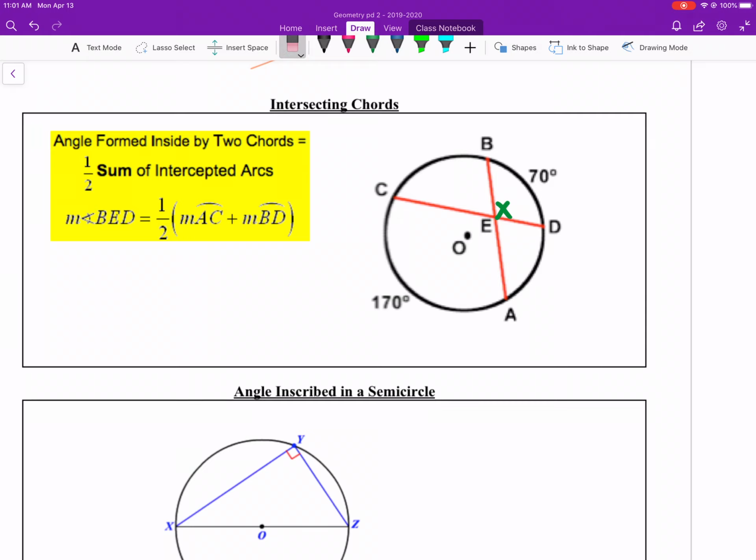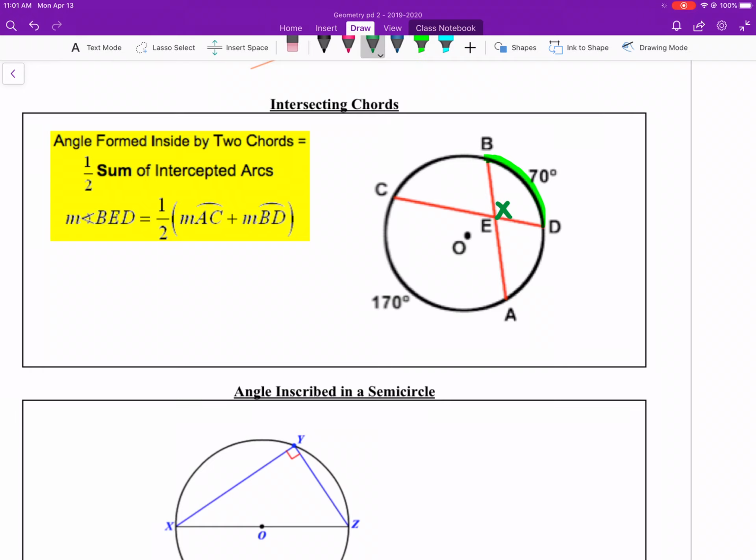If you've been following through well with Module 5, you know a central angle is equal to the intercepted arc. So right now, X here, its intercepted arc is BD. However, it's not just equal to BD, once again, because this is not a central angle. Technically, when the chords intersect like this, there's 2 intercepted arcs, and here's why.